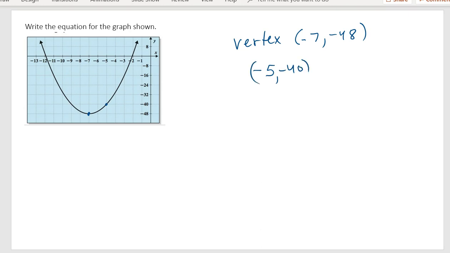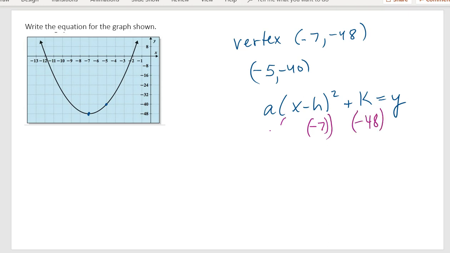When I have a vertex and a point, I can write the equation. So what I'm going to do is replace my vertex for the h and the k. So my h is -7 and my k is -48. Notice I'm very careful with replacing the variable with parentheses and then putting it in so I don't mess up the negatives and the positives.